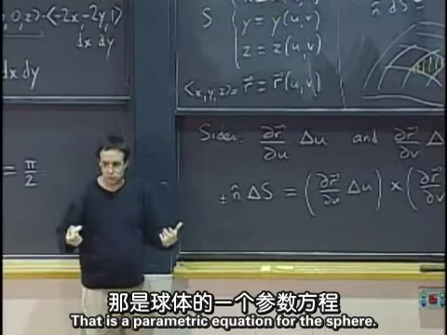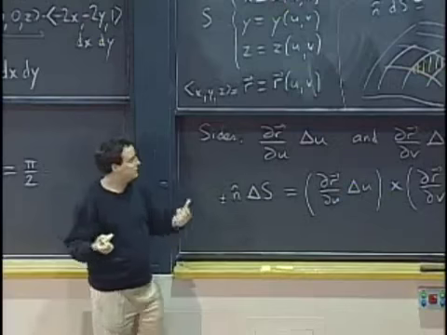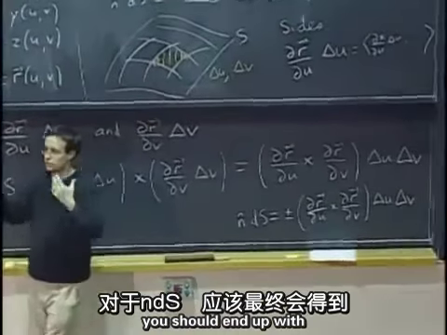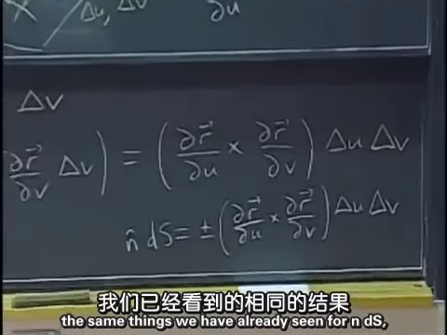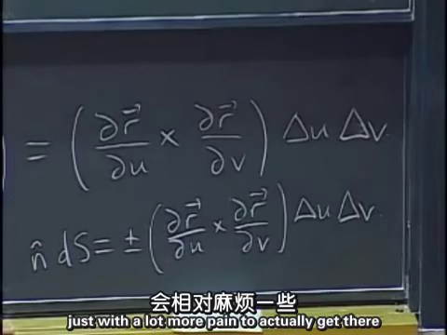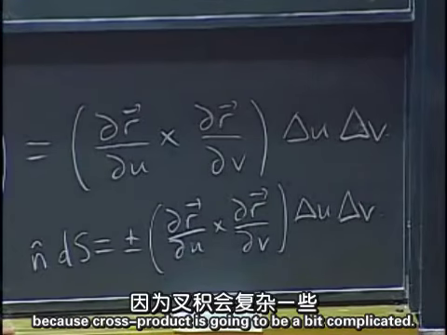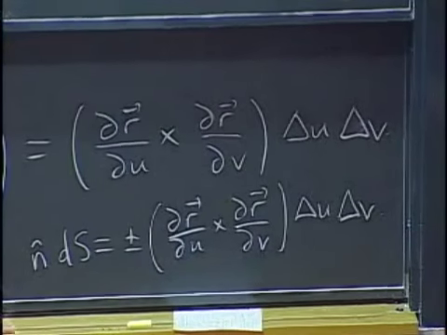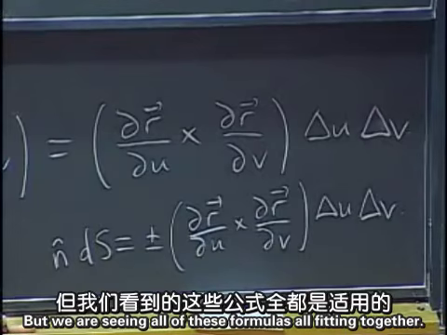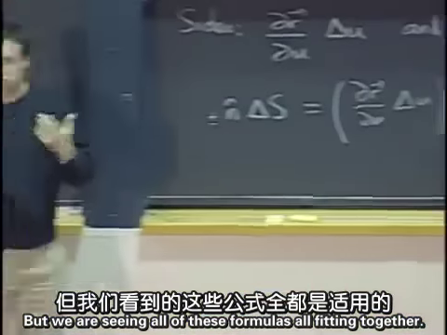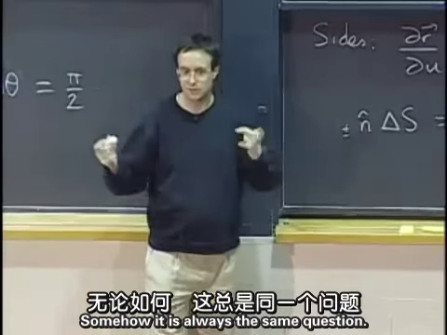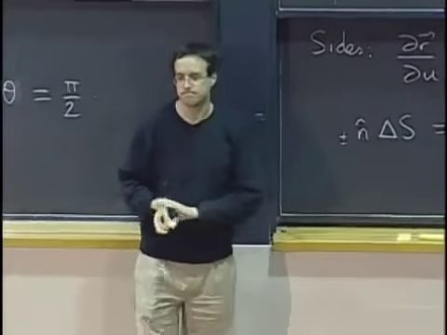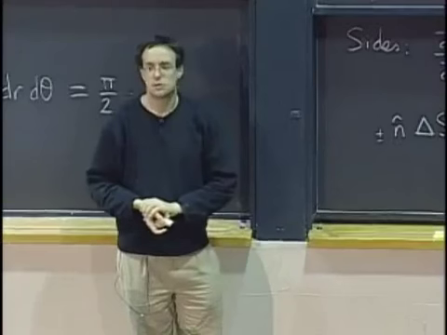So that's a parametric equation for the sphere. And then if you try to use this formula here, you should end up with the same things we've already seen for n dS, just with a lot more pain to actually get there because your cross product is going to be a bit complicated. Okay, but we're seeing all of these formulas, they all fit together. Somehow it's always the same question, just we have different angles of attack on this general problem. Okay, questions?